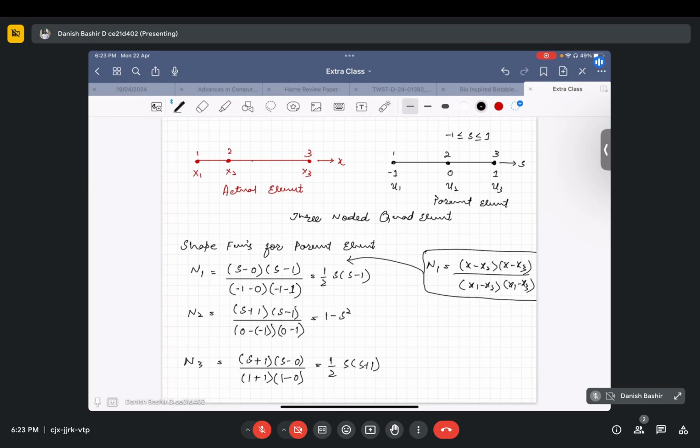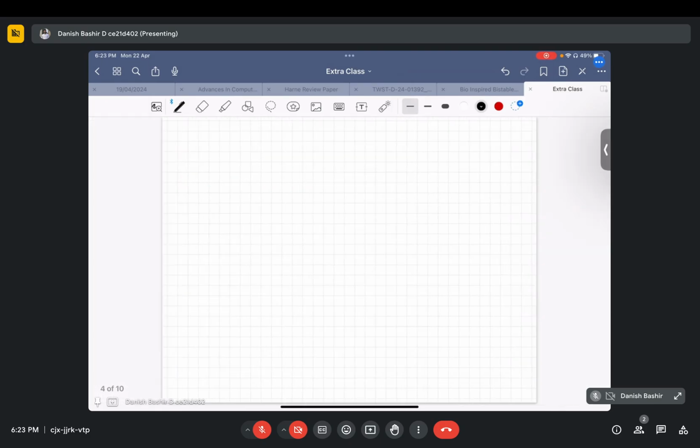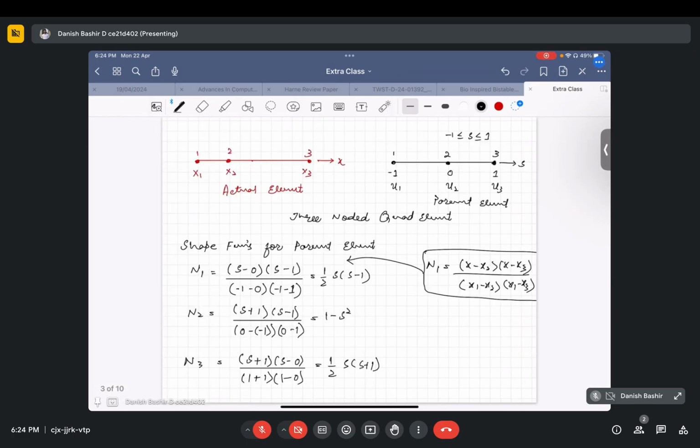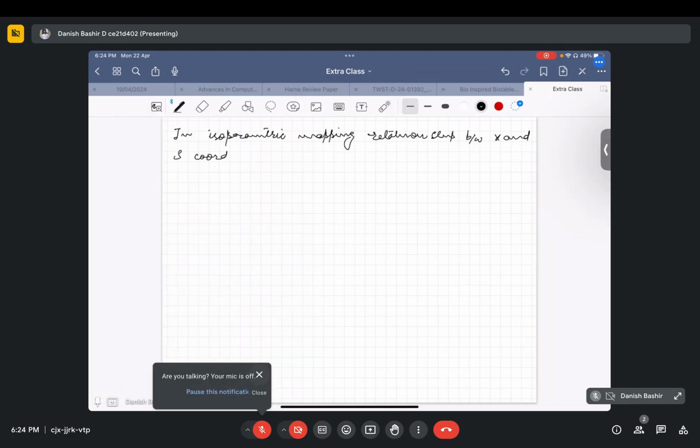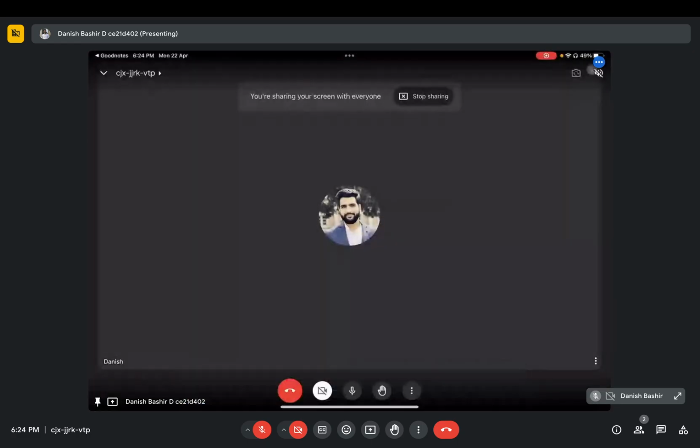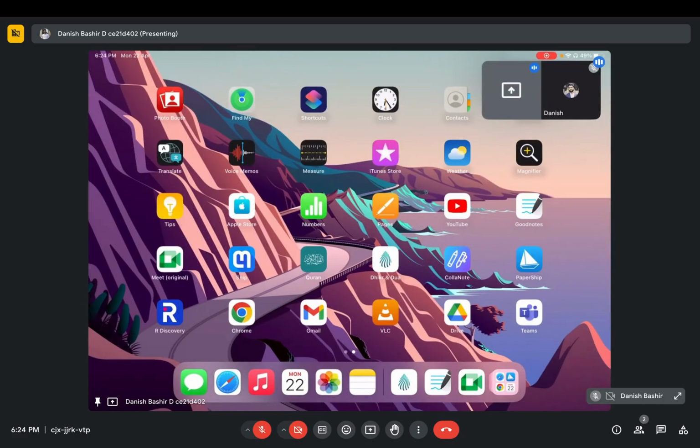Now we have to express our x coordinate system into the s coordinate system. How we can do this is that, in isoparametric mapping, the relationship between the x and s coordinates is expressed using the parent element shape functions.